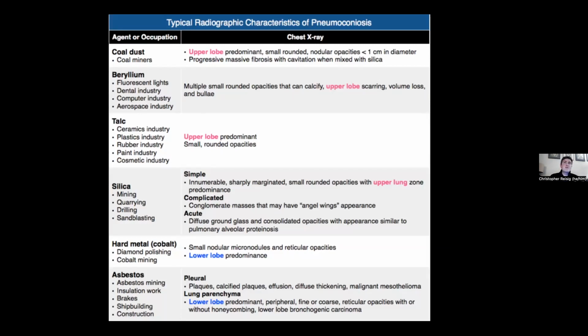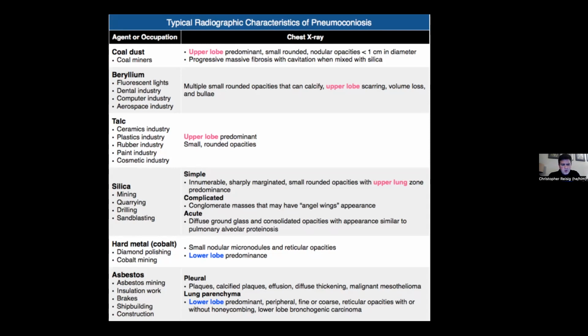We think about asbestos primarily as a causative agent of mesothelioma. Remember, mesothelioma is also a pleural-based cancer. So when you also get the hypersensitivity pneumonitis of asbestos, it's also going to be primarily pleural-based, with thick plaques. This is tested.